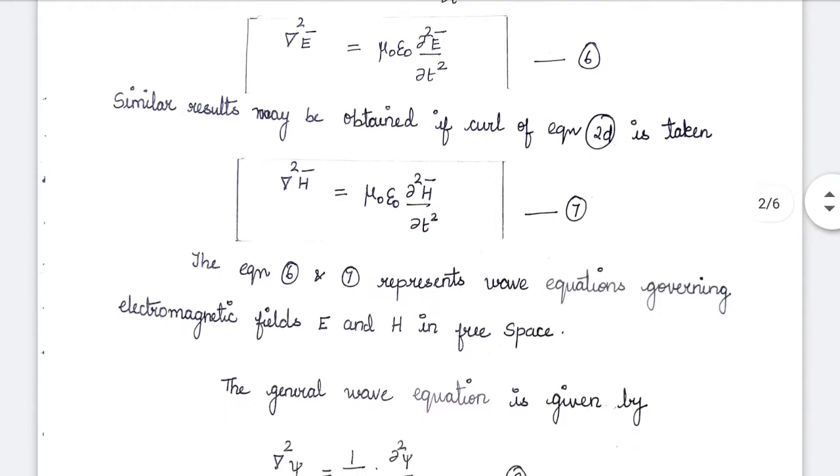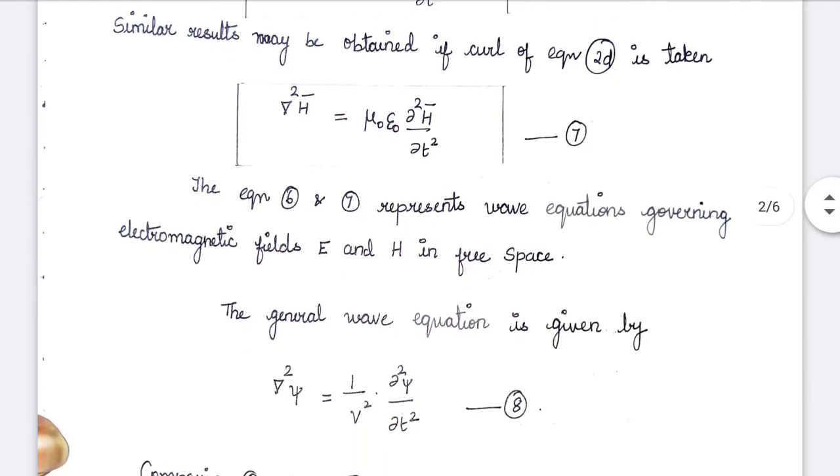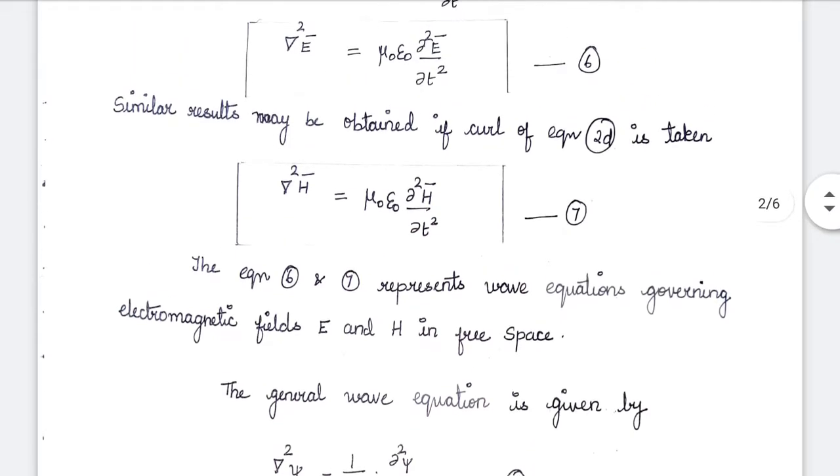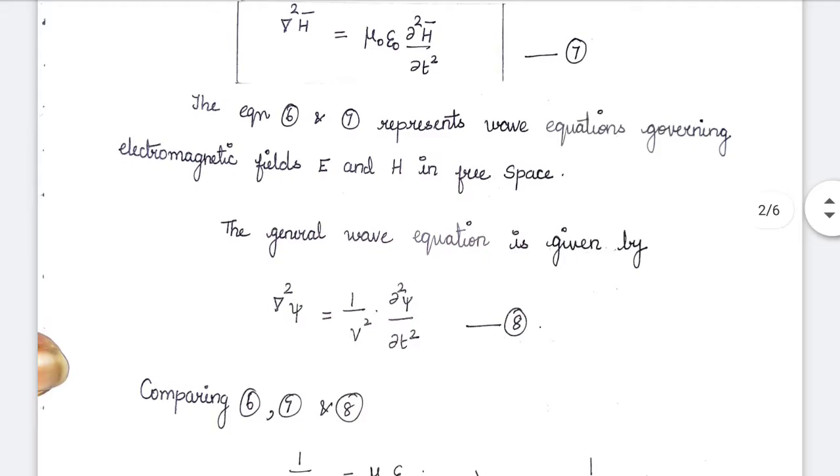The general wave equation is given by del square psi is equal to 1 by V square into dou square psi by dou t square. So this is the general wave equation. When we look at equations 6, 7 and 8, they all look similar.